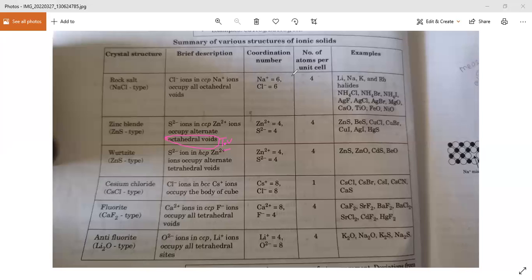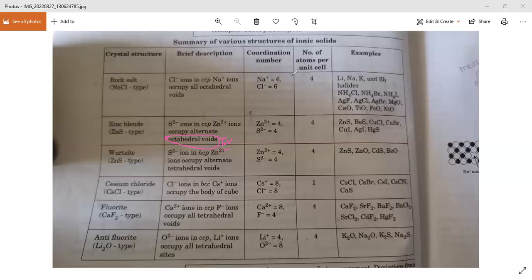So it is mostly shown in the case of first group elements, antifluorite structure: lithium, potassium, sodium. So lithium oxide, potassium oxide, sodium oxide, potassium sulfide, sodium sulfide, all will show antifluorite structure. Antifluorite means what? Anions will occupy the CCP lattice and the cations will occupy the tetrahedral voids. So lithium will have the coordination number 4 and oxygen will have the coordination number 8.